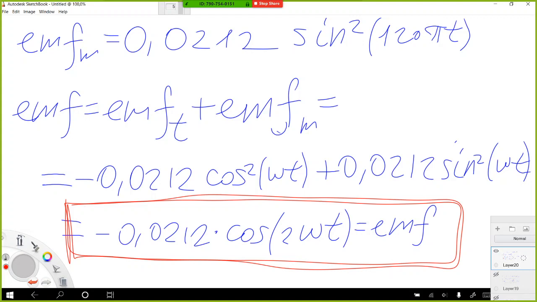The next question is, what is the waveform of electromotive force? The waveform of electromotive force again is sinusoidal. Here we can see that it is changing by cosine, and the waveform is sinusoidal, but the frequency is twice the frequency of rotation, or of the frequency of alternating current.